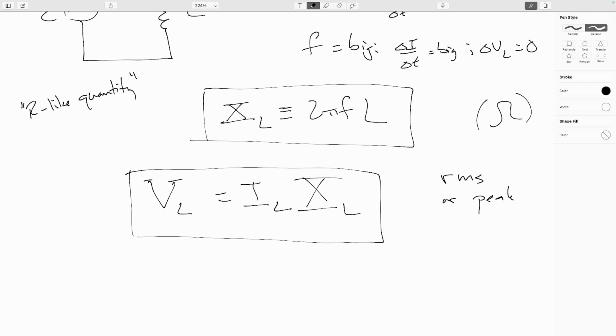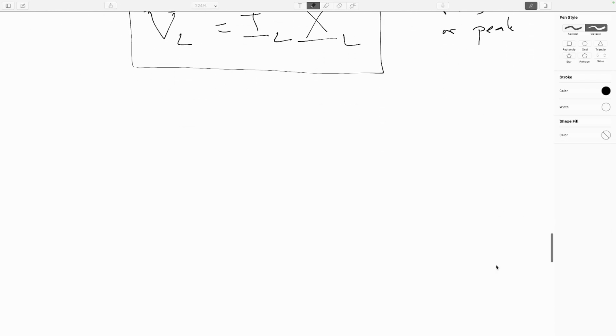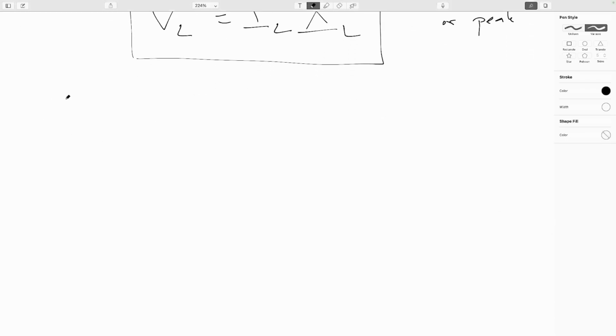So the deal here is, again, if we go back, what Faraday's law of induction is going to require instantaneously, thinking of it as a function of time, so that's our lowercase notation, the voltage across the inductor by Faraday's law of induction will be minus L times the time rate of change of the current.